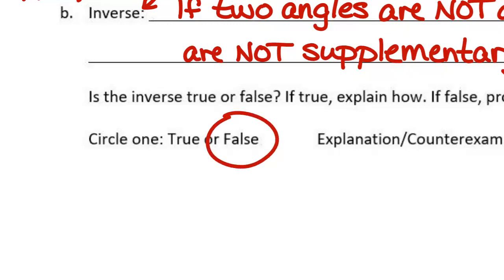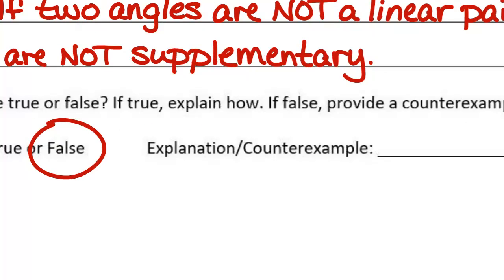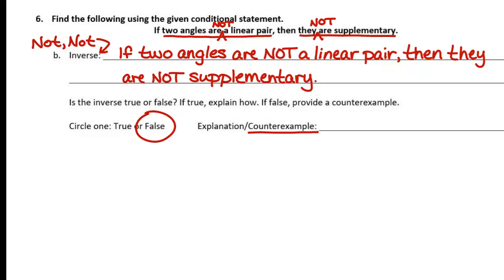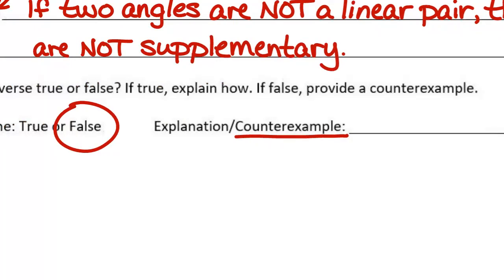But let's read the statement to understand why it's false. We're going to need to provide a counterexample for this. It says if two angles are not a linear pair, then they are not supplementary. So if I can think of a pair of angles that are not adjacent, they're not a linear pair, but they are supplementary, then that would make this false. Didn't I have something like that drawn for the converse? I had two angles that were not a linear pair, but they were supplementary.